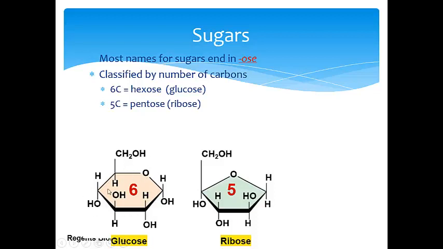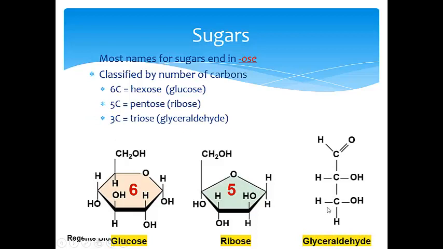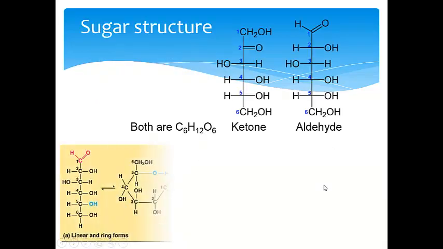So here I've got a 6-carbon ring, 1, 2, 3, 4, 5, 6 carbons. One of them is sticking out. That's glucose. Ribose is a 5-carbon ring. And then I've got a 3-carbon one. This one's not a ring. Glyceraldehyde is a 3-carbon chain, but still keeping true to the 1-to-1 ratio.